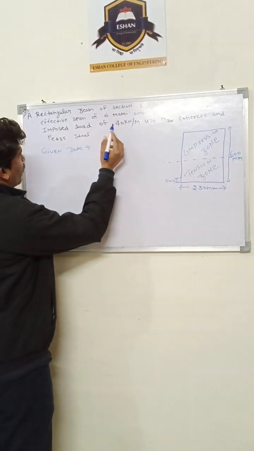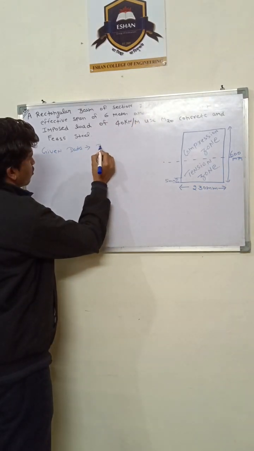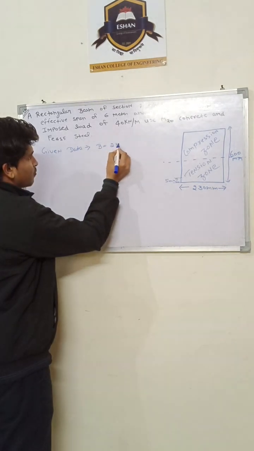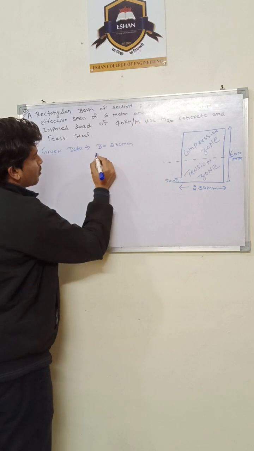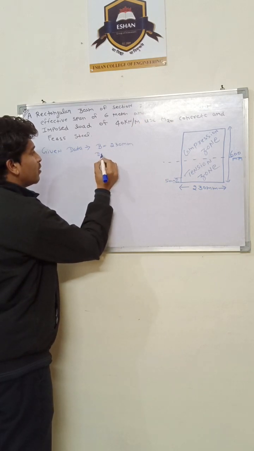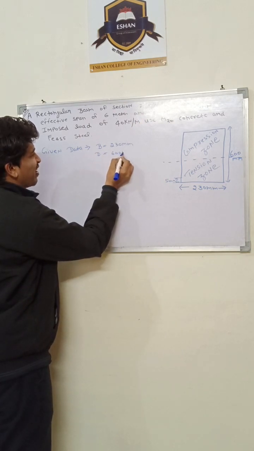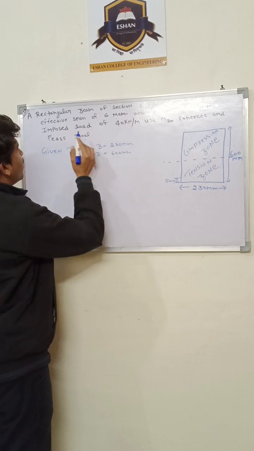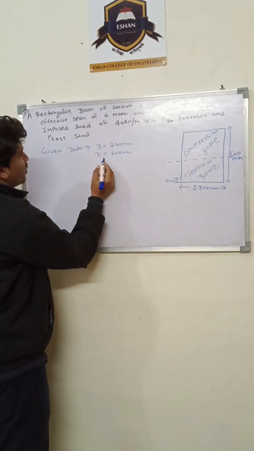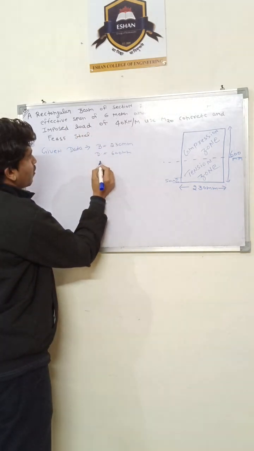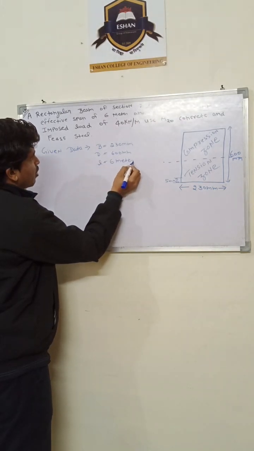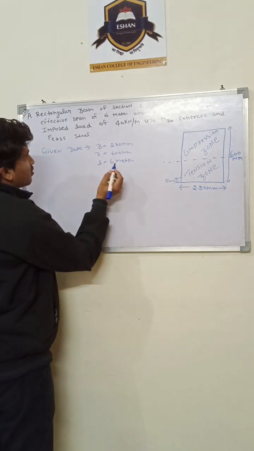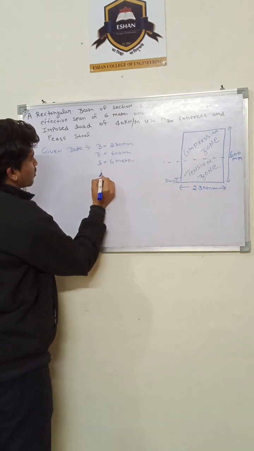Given data: width of the beam is 230 mm, and depth of the beam, this is the overall depth which is denoted by capital D, is 600 mm, and effective span of 6 meter. Its length is also given, which is 6 meter, and cover is 50 mm, which is denoted by D dash.